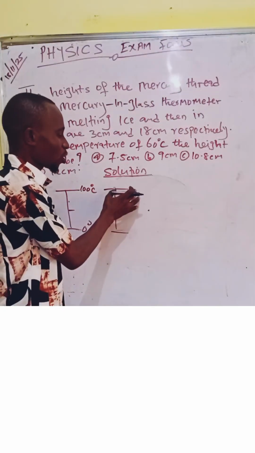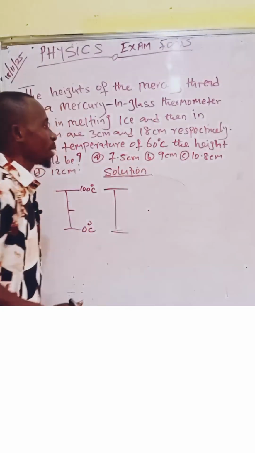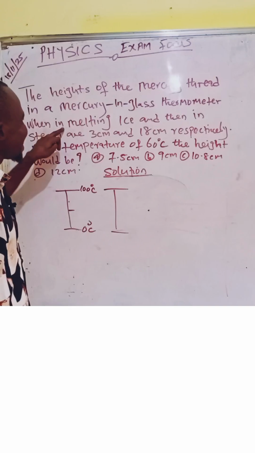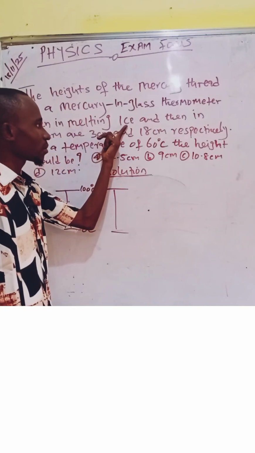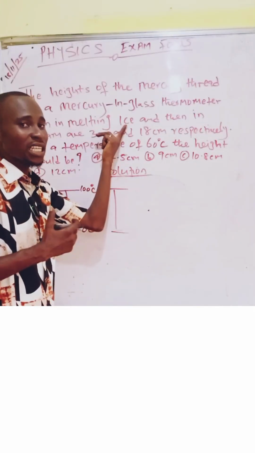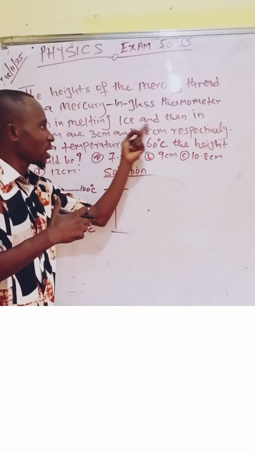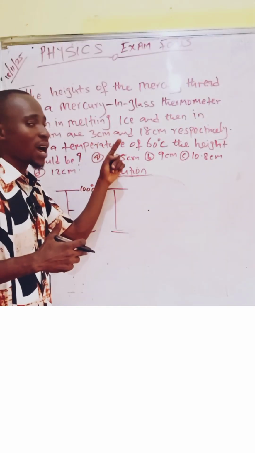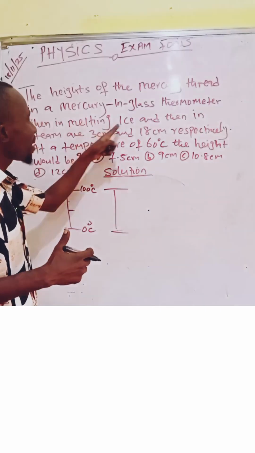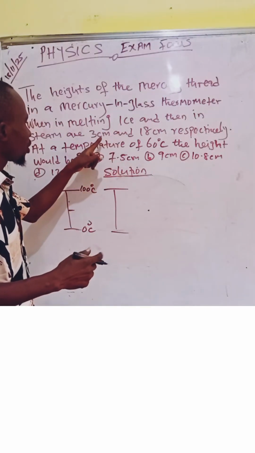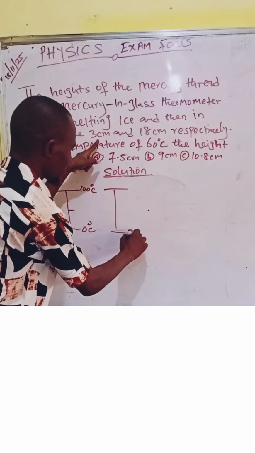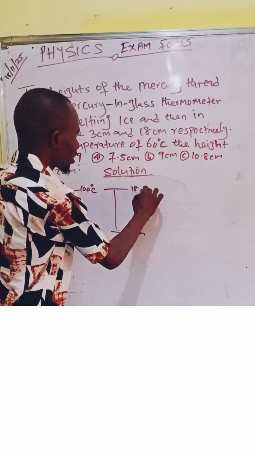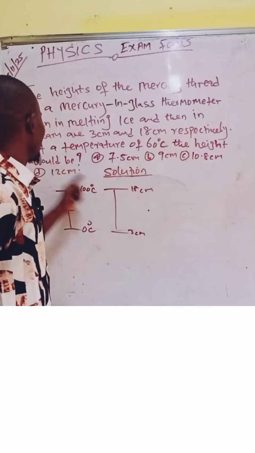Coming to this other thermometer, let's go back to our question. They said when in melting ice, the melting ice is the lower fixed point, and in steam, the steam is the upper fixed point. The melting ice is 3 centimeter and the steam is 18 centimeter respectively.